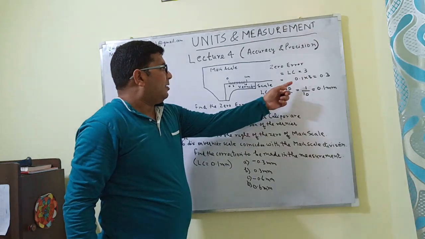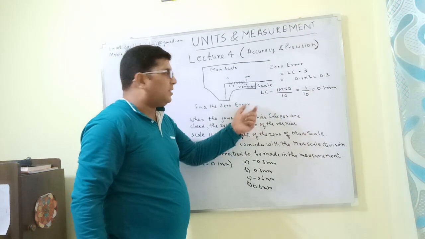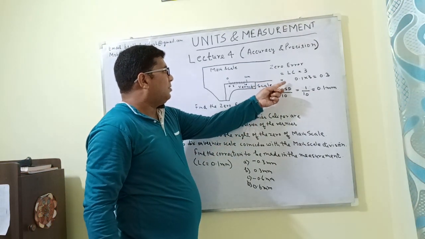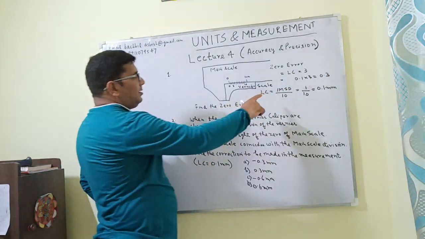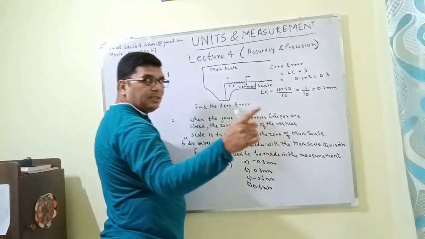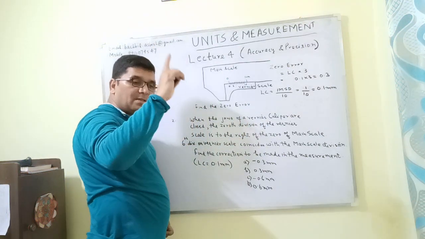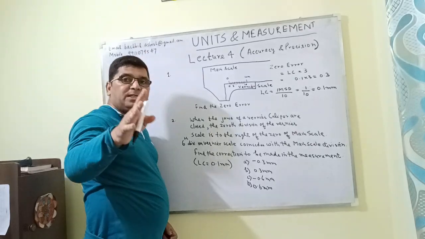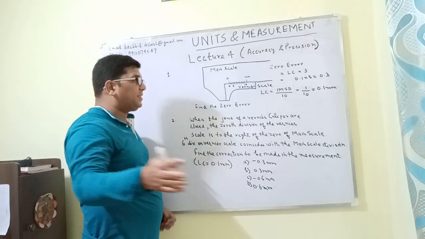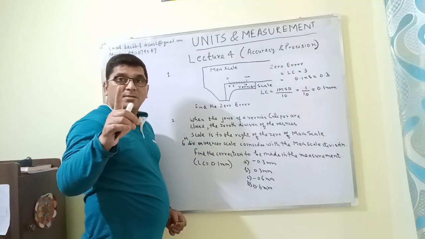Now, since this is a positive zero error, the correction which will be applied in the measurement of any linear dimension of any object will be negative.